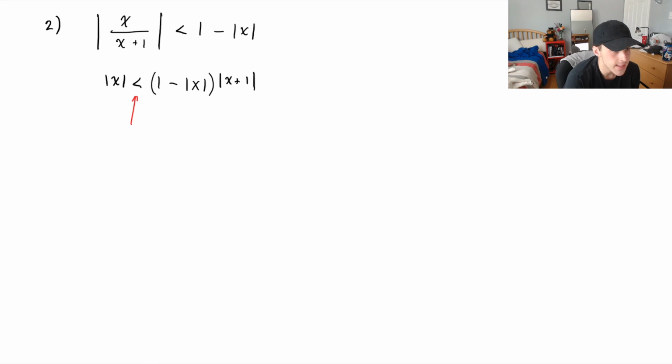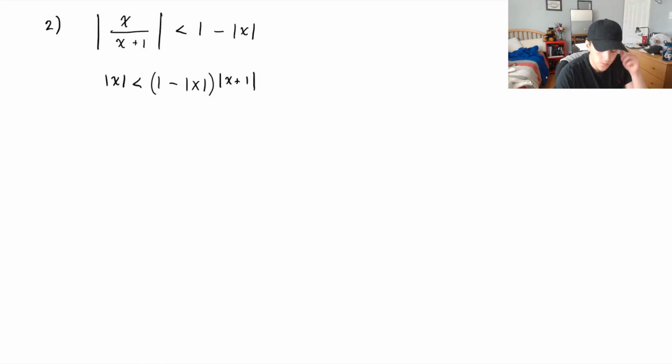We kept it as less than because we're multiplying by the absolute value of x plus 1. Remember, absolute values mean it's a positive number, always. So when we multiply both sides of an inequality by a positive number, we do not need to flip that sign. I just wanted to draw attention to that.